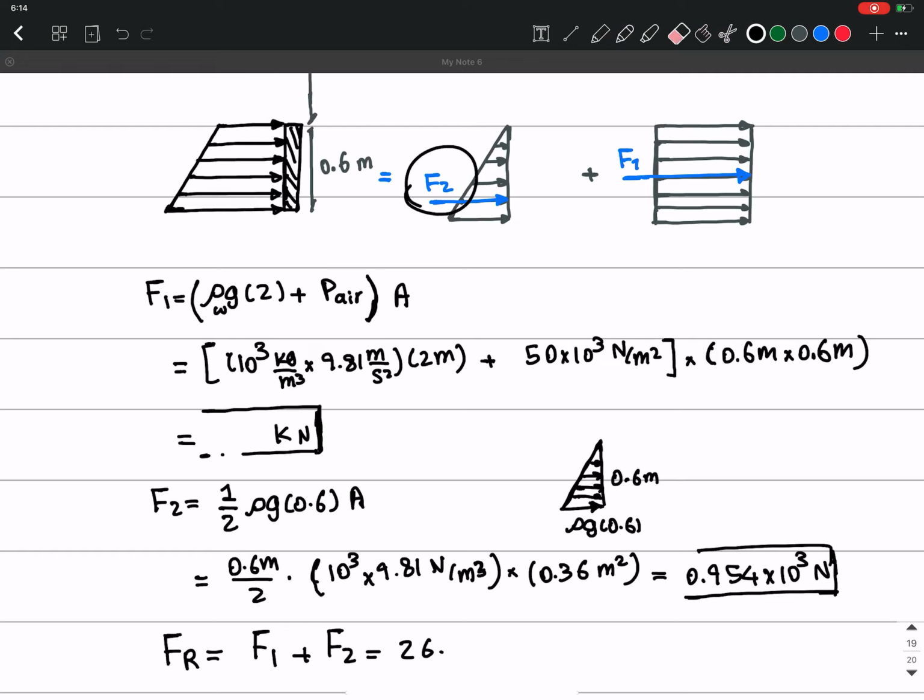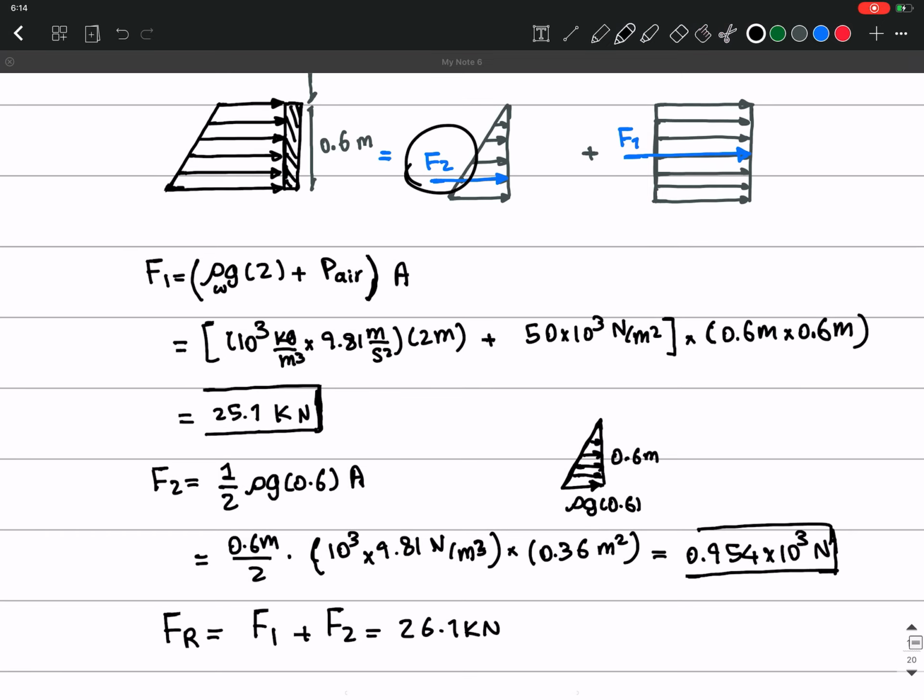It is 25.1 kilonewton. So it's going to be 26.1 kilonewton. Okay, so this is the result, the magnitude of the resultant force.